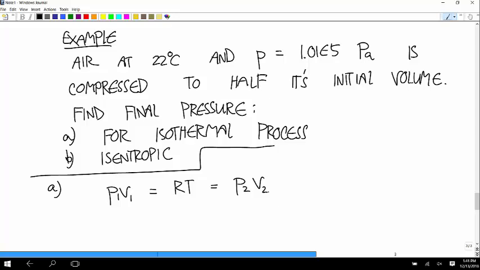And so V2, we're just going to call that 0.5 V1. So you get P1 V1 is equal to 0.5 P2 V1. Cancel the V1s.